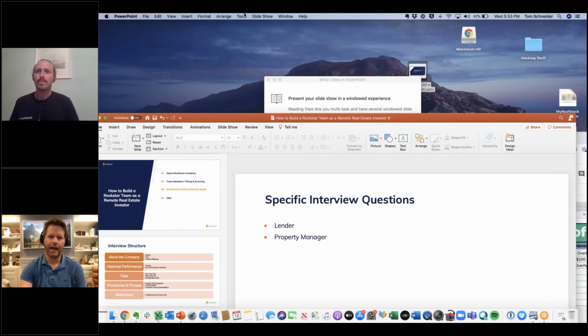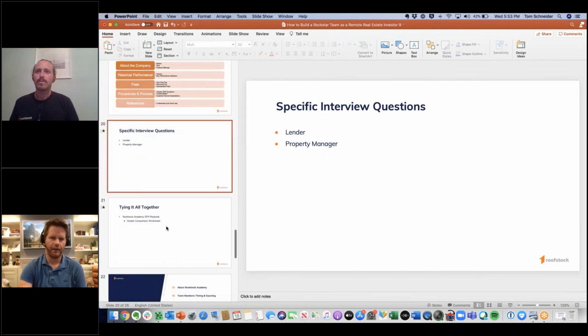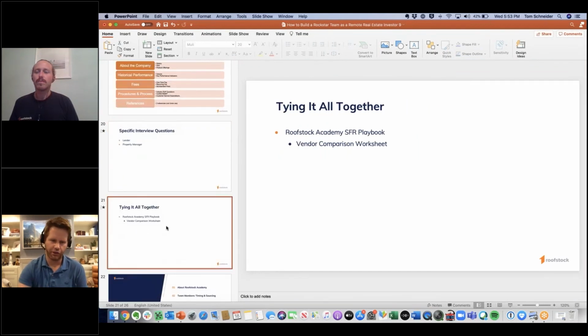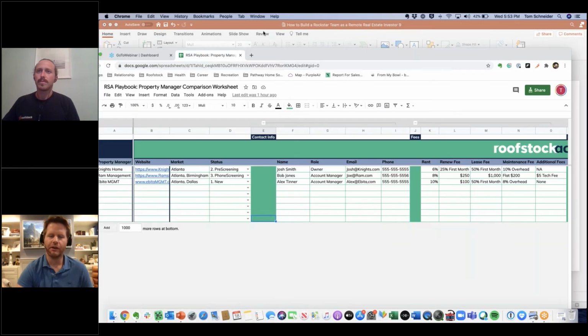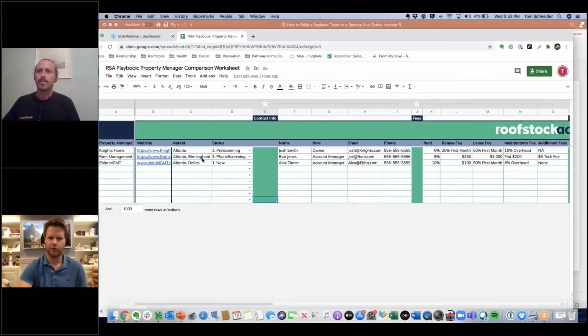Excellent. And the last piece that we have here is the vendor comparison sheet. We go through the exercise of identifying all of the different property managers and lenders. You want to have a sheet where you can easily look through these different vendors and see these points of decision, these variables in making your decision. So as much as you can, be objective rather than subjective.